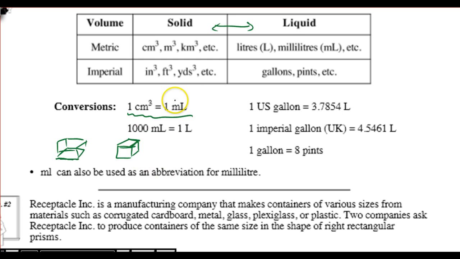Well, only 1 milliliter of liquid can fit into a centimeter cubed. And this is not a surprise that these things match up 1 to 1 like this. And therefore, 1,000 milliliters would equal a liter. Therefore, if I had 1,000 centimeters cubed, that would be a liter.